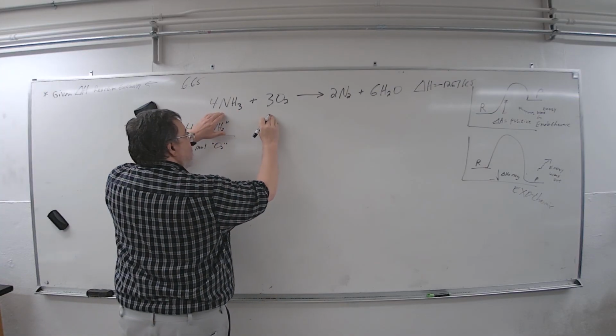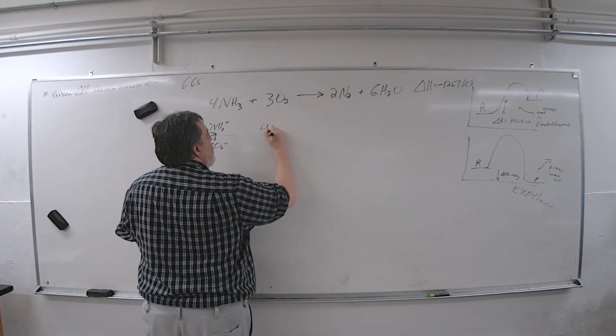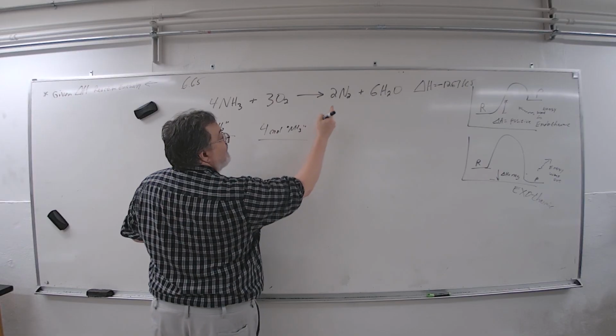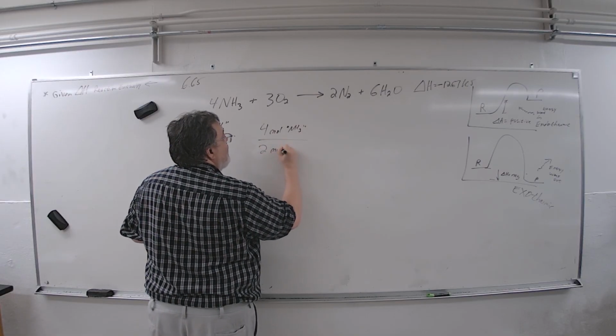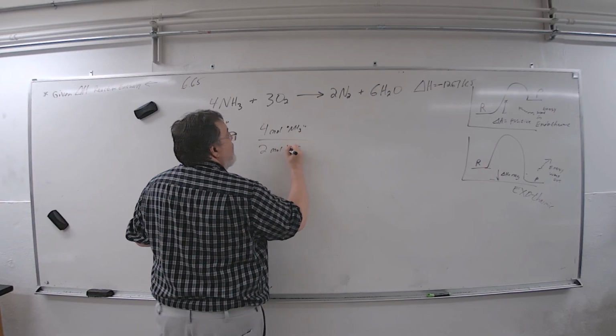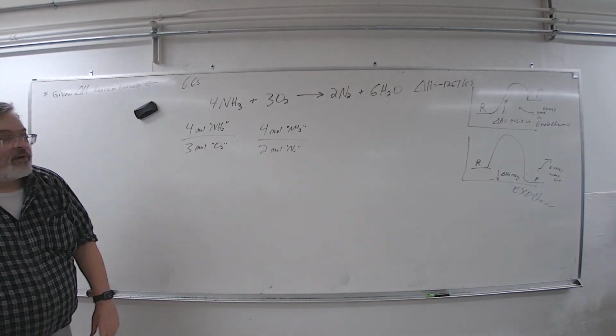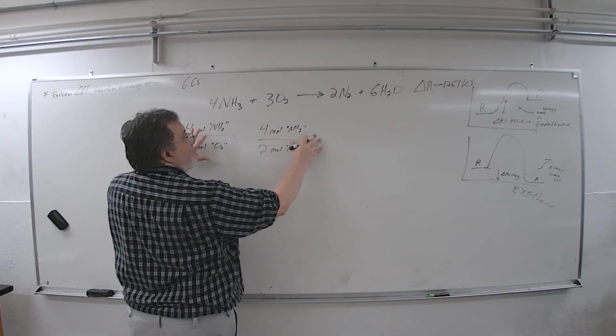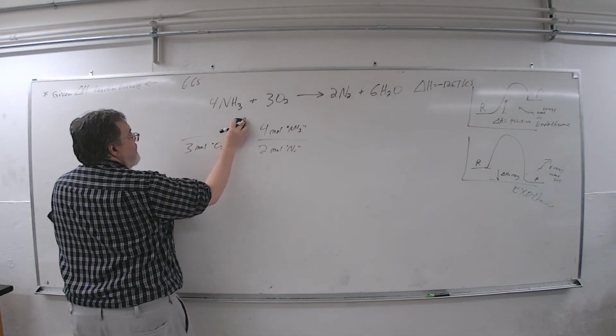So that's that relationship. Another relationship here is 4 moles of NH3 to 2 moles of N2, and I could go on. You remember that? Once you have a delta H here, you do have all of these because you've got the balanced reaction.